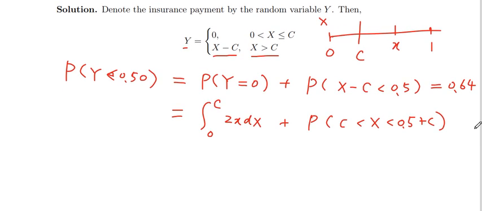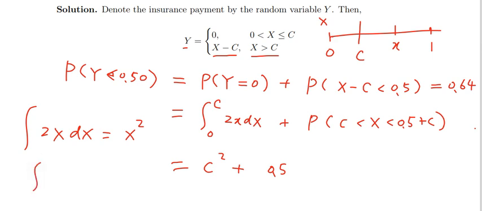Okay, so this probability by now becomes a math problem, an integration problem. So we have 2x dx, which equals x squared if we integrate it out, right? So this equals c squared plus this integration, and this equals 0.5. If from a to b of 2x dx, this equals b squared minus a squared, right?